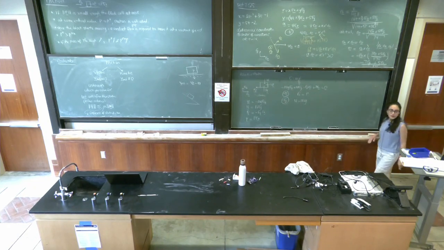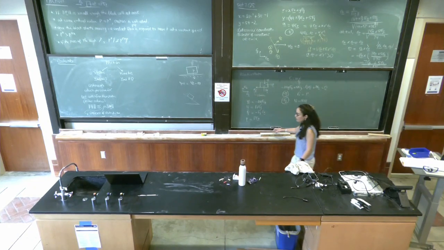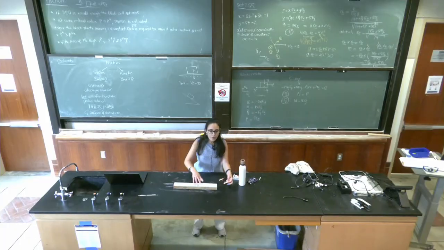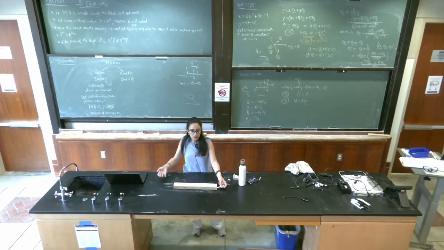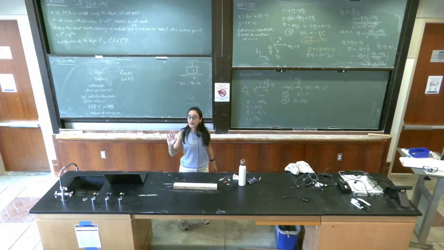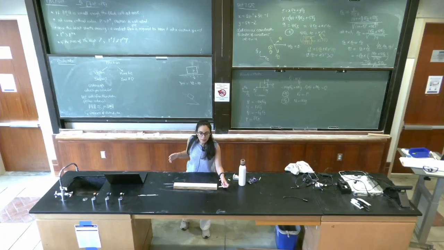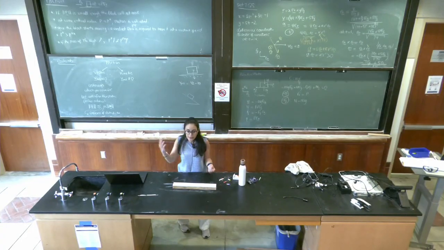Okay? So I have my block on the surface. I'm pushing it. As P increases, the friction force increases. But there's a limit, right? I cannot keep on increasing P forever and the block not move. What's the limit?